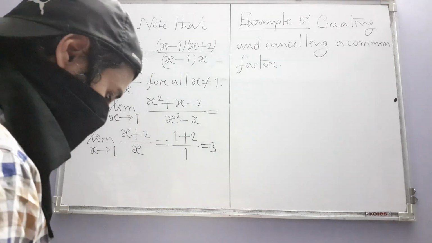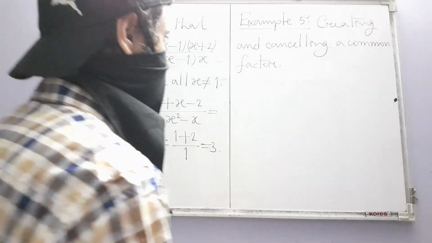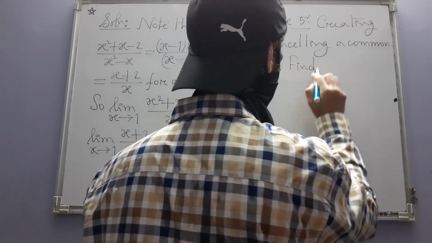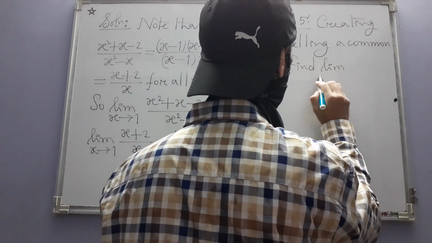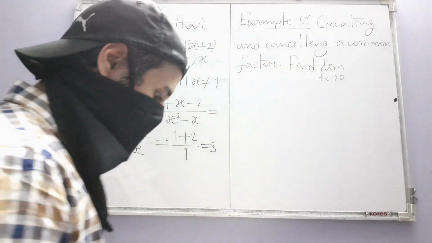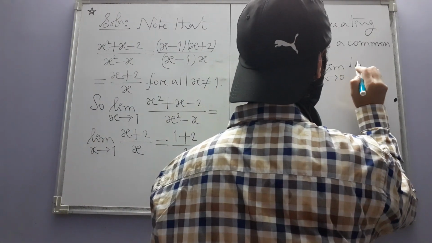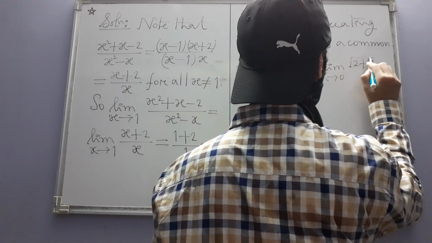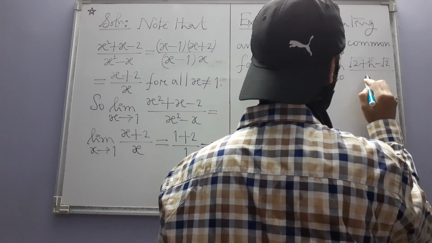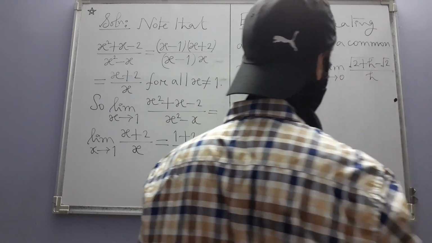Okay, and the limit you have to find is this. Find the limit as h approaches 0 of square root of 2 plus h minus square root of 2 divided by h.